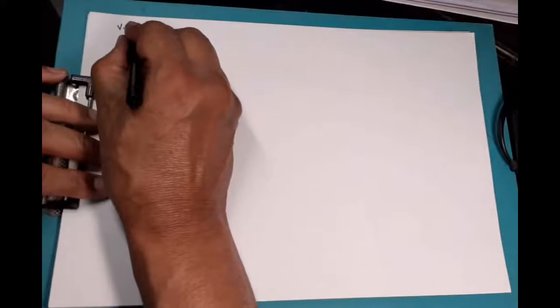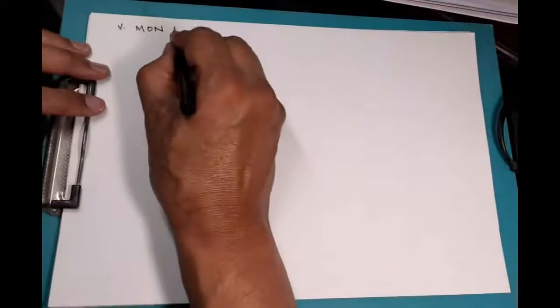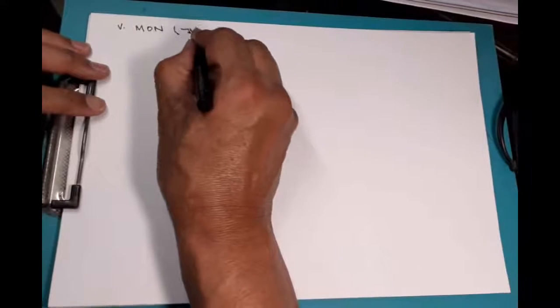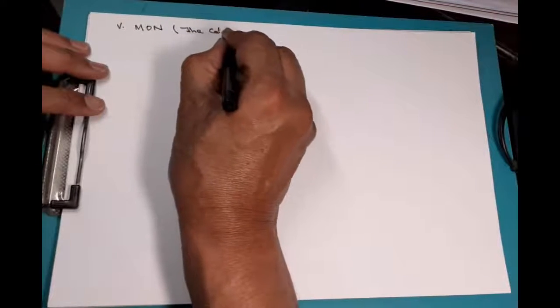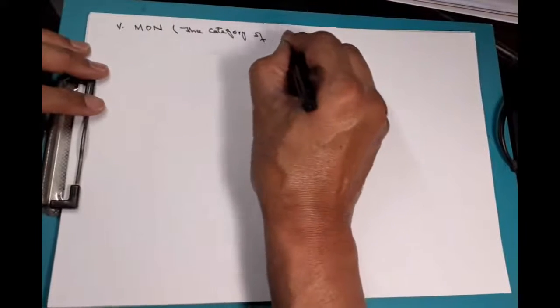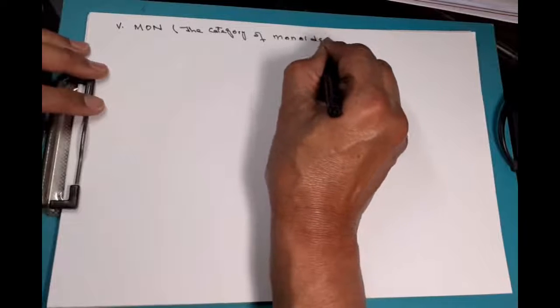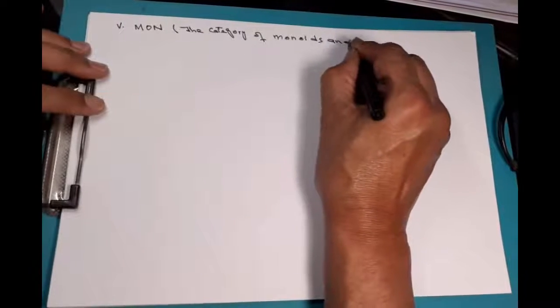We can consider Mon, the category of monoids and monoid homomorphisms. So let's just write it. Mon. This is the category of monoids and monoid homomorphisms.